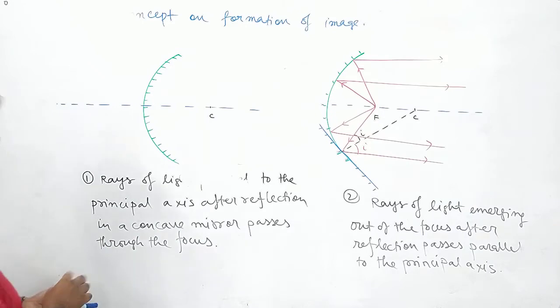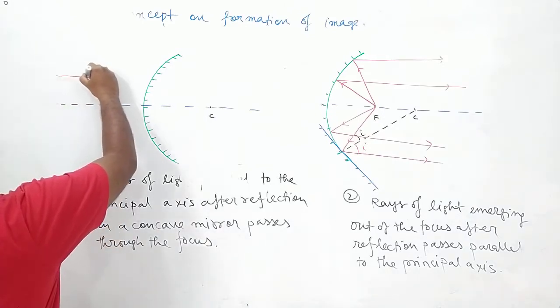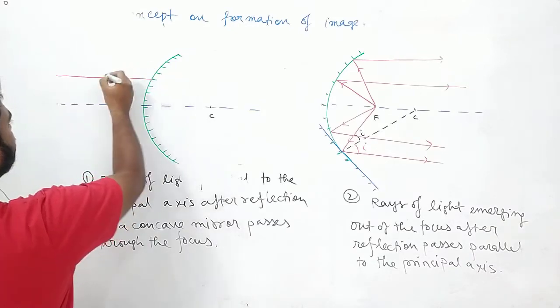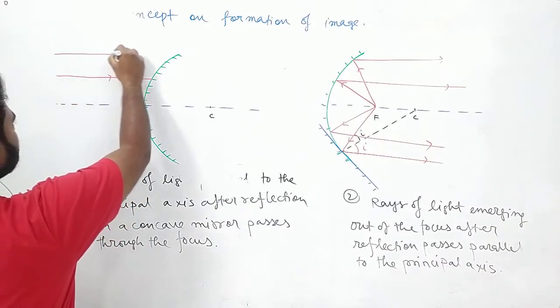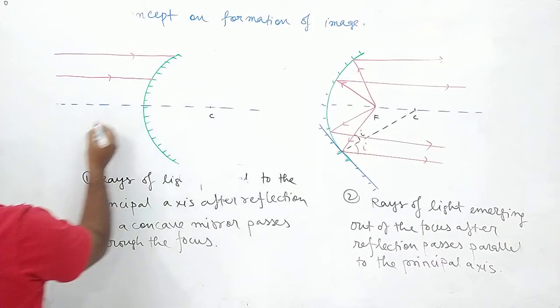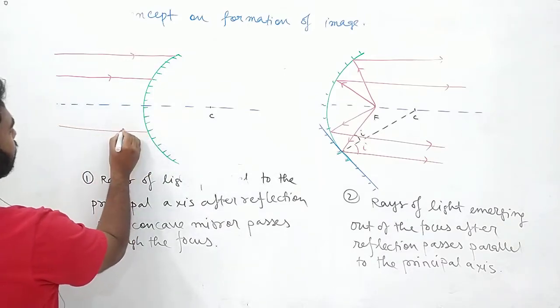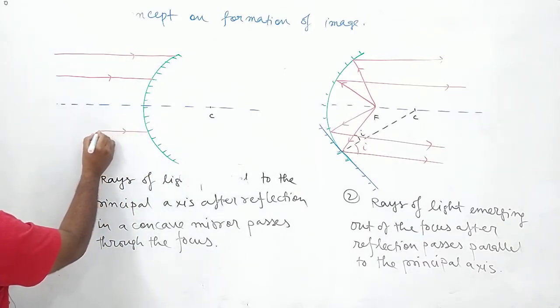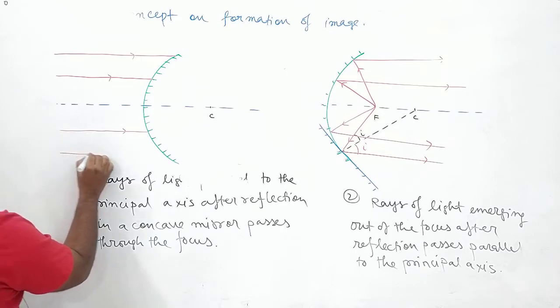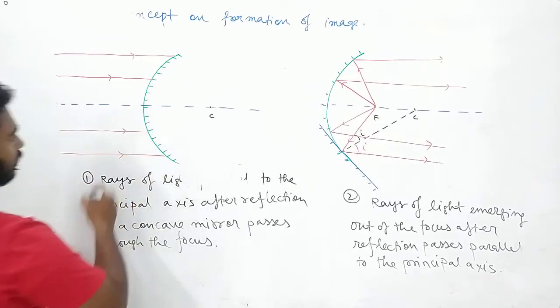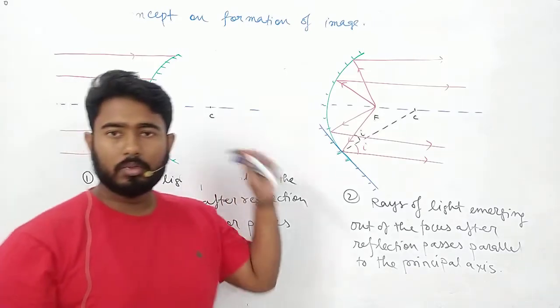Okay, what is happening? Some rays of light are coming parallel to the principal axis and falling on the surface. Tell me what will happen in this case.